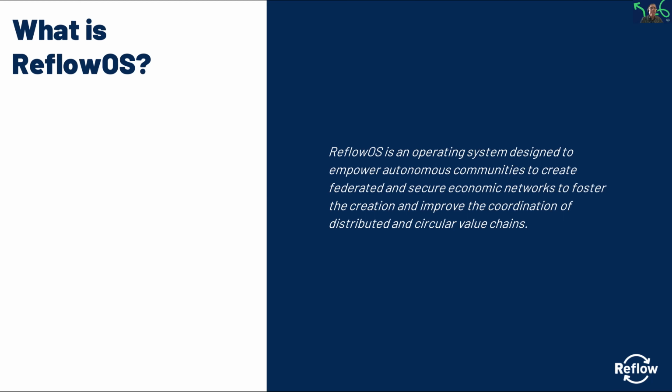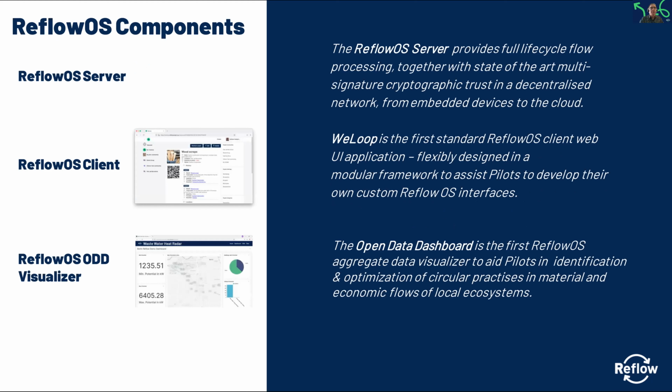Moving forward to some details, the REFLOW OS basically consists of 3 components to achieve this. The first component is the REFLOW OS server, which acts as a central collection agent and is the central core of the system. The REFLOW OS client, the first one, the gold standard of the client for REFLOW OS, is a web application that is designed to be flexible, and a demonstration and a starting point for users of REFLOW OS to develop and manage and integrate their own business models into the REFLOW OS architecture.